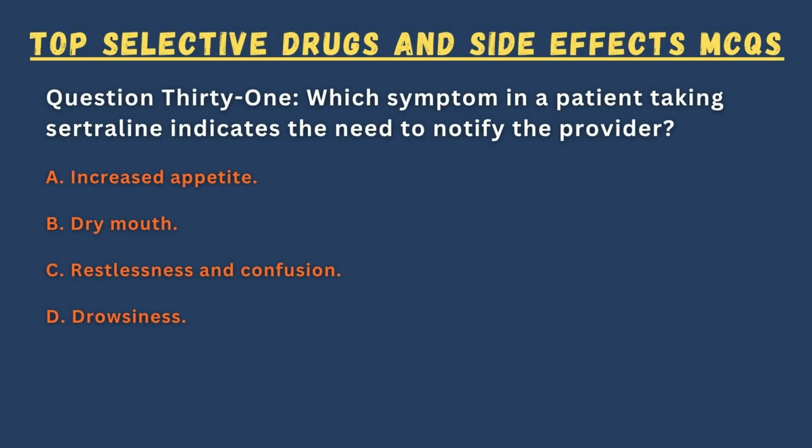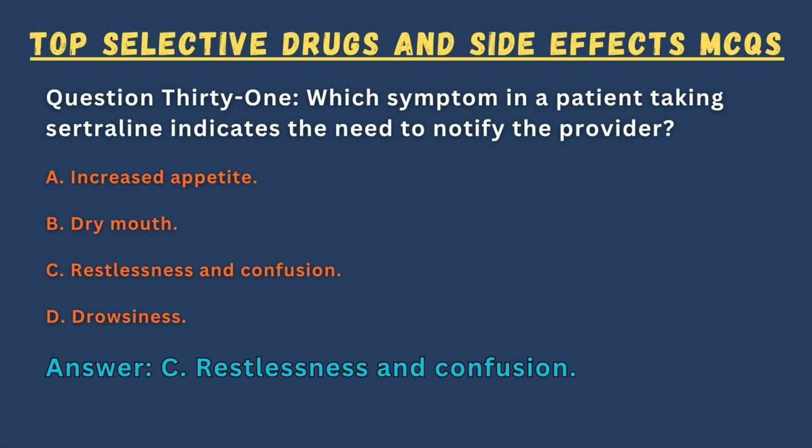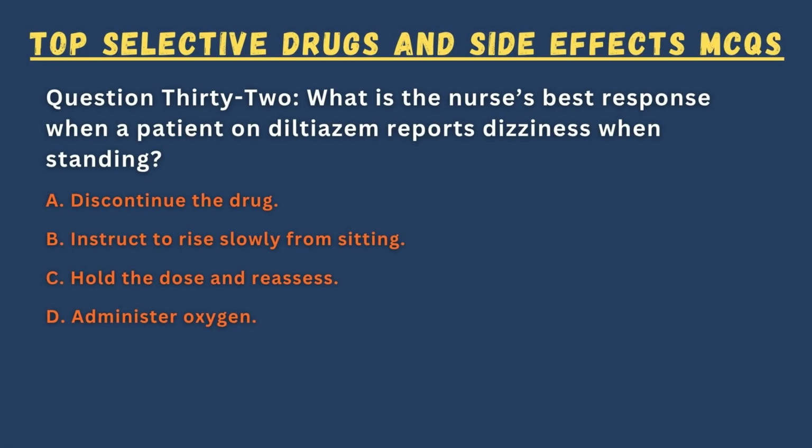Question 31. Which symptom in a patient taking sertraline indicates the need to notify the provider? A. Increased appetite. B. Dry mouth. C. Restlessness and confusion. D. Drowsiness. Answer: C. Restlessness and confusion. Question 32.